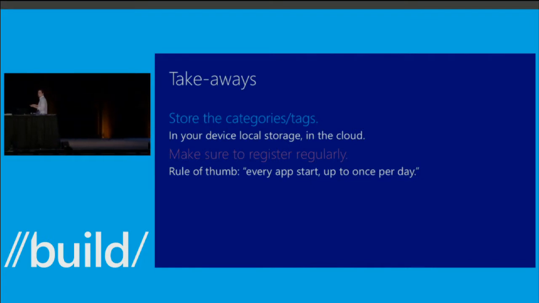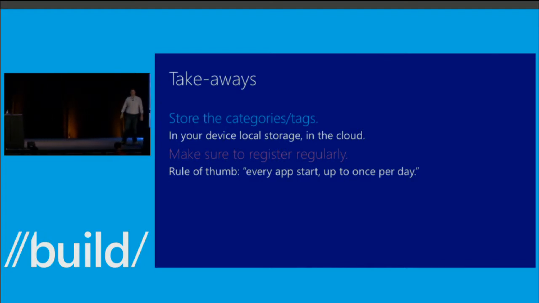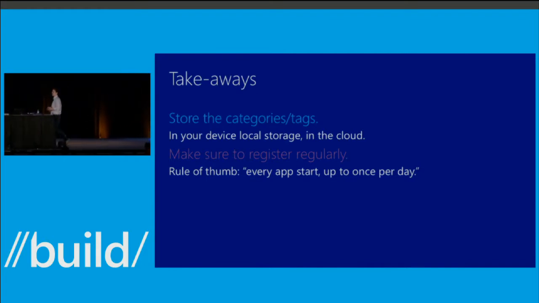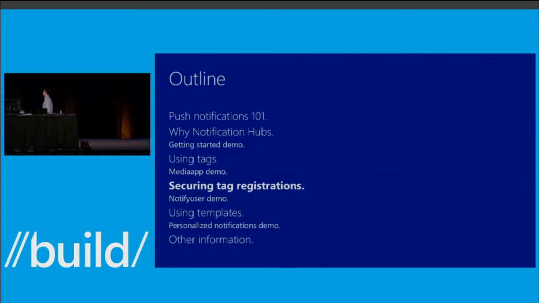That's good. If you do not want to do it all those times, maybe your app wants to save on network calls and be very considerate about users' data plans, you can reduce that with the caveat that some people might be unregistered. So these are the two big takeaways.